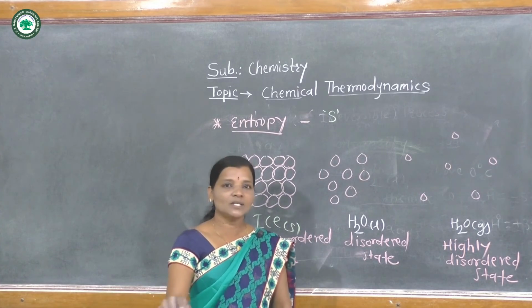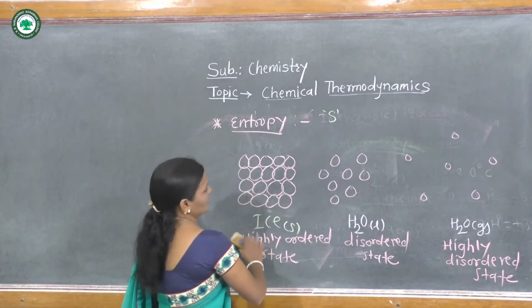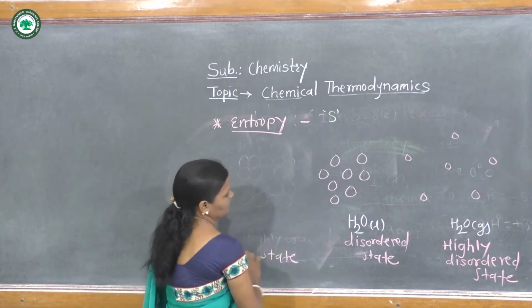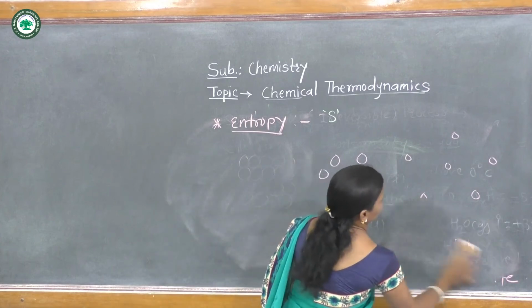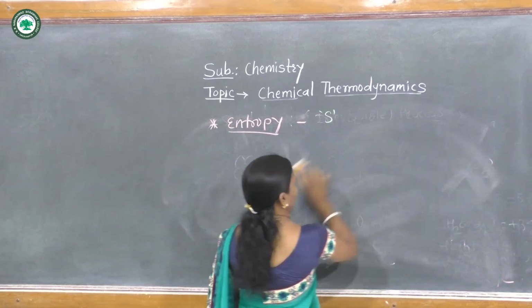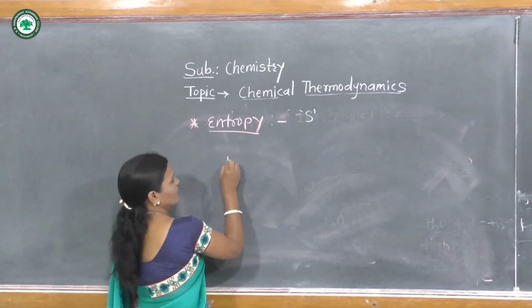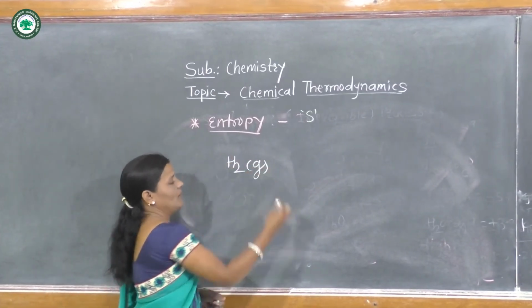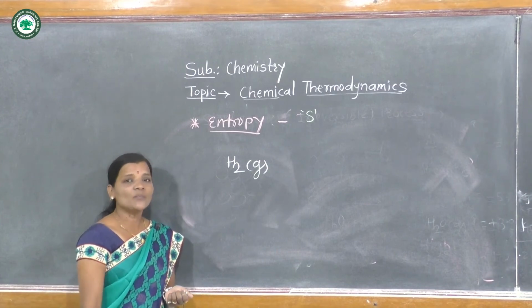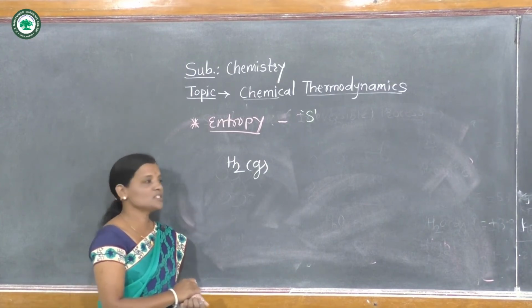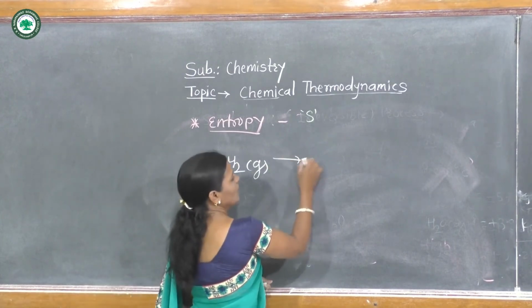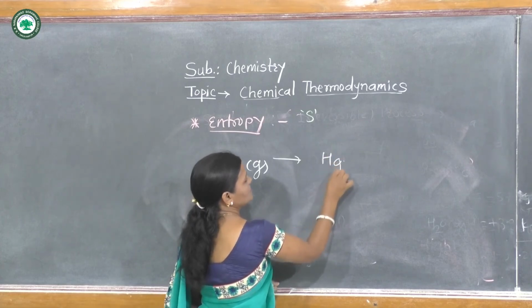Now let us see two examples of how entropy change is found. Now consider the example of H2 gas. This hydrogen gas dissociates to form hydrogen atoms.